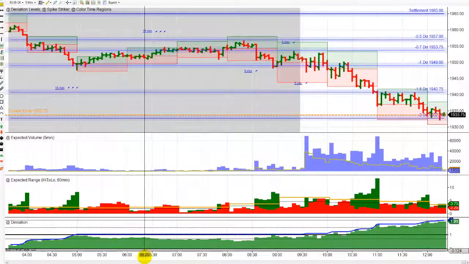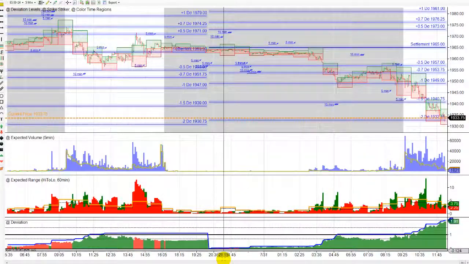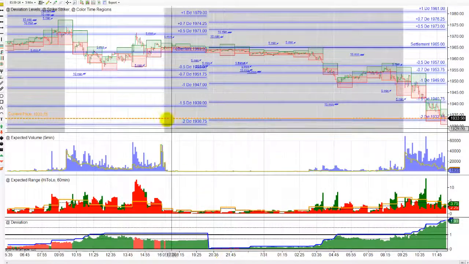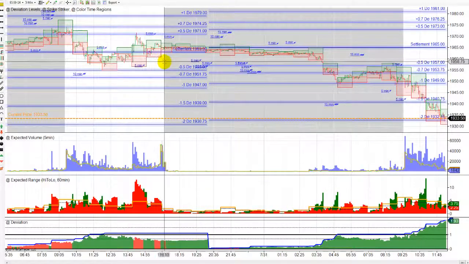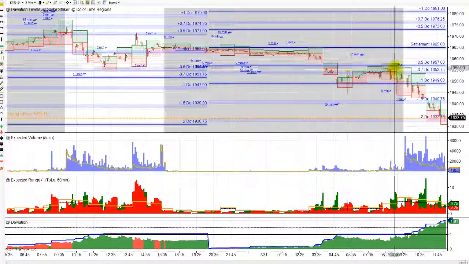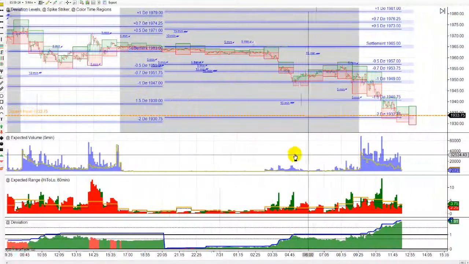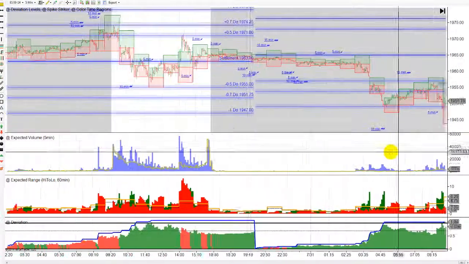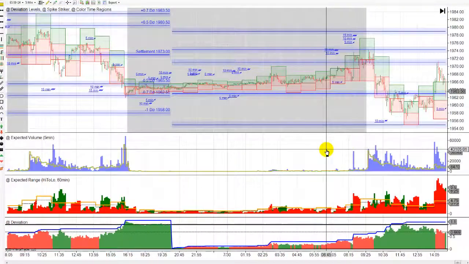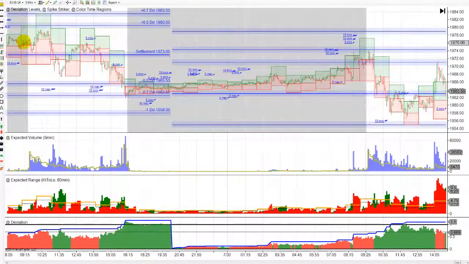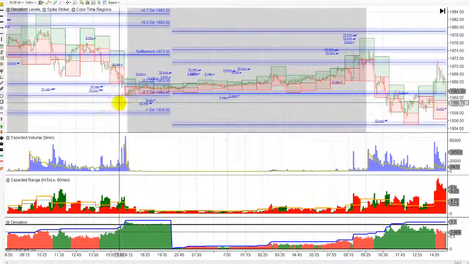What that's going to do for me is basically gray out the overnight session. The market closed at 4:15, and it opened back up at 9:30. So that just lets me see the overnight movement.